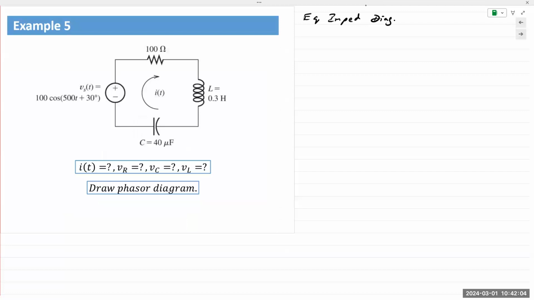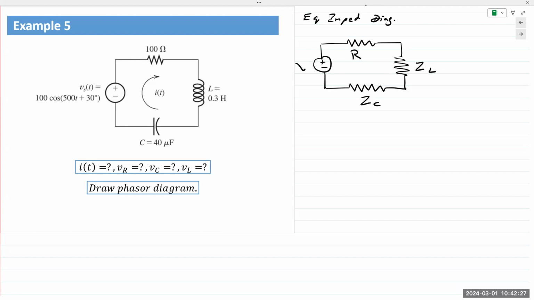It's nothing except representing all the quantities with their complex impedances. R, of course, remains R. L is represented by its impedance ZL, capacitor with ZC. Vs of t becomes phasor for Vs.